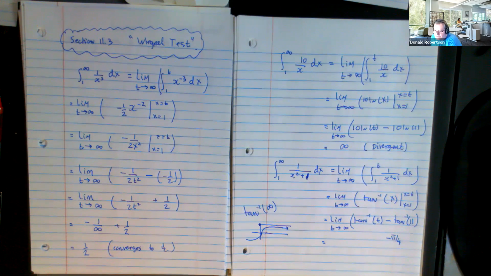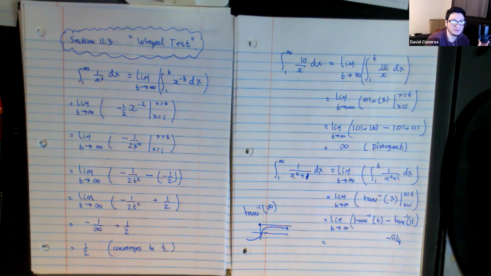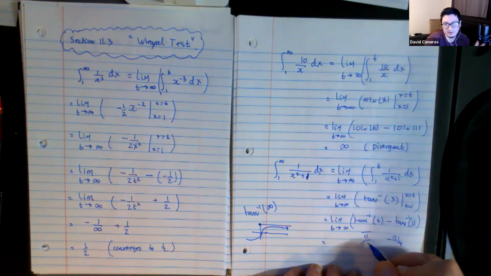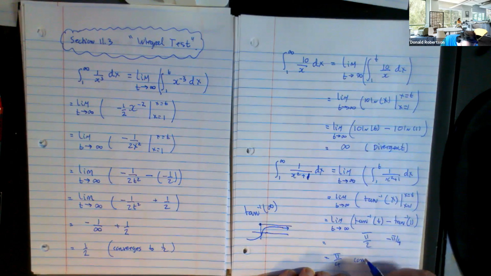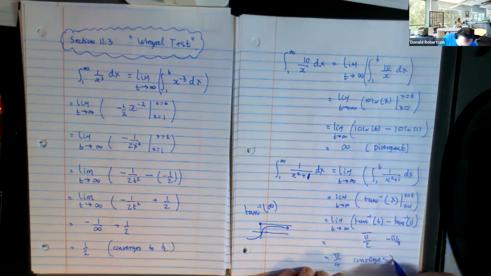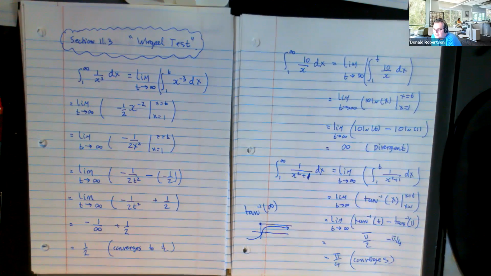1? No. I like 1, it's a nice number. Is it pi over 2? That's the guy. So this one actually converges. The inverse tan of infinity is actually a number.